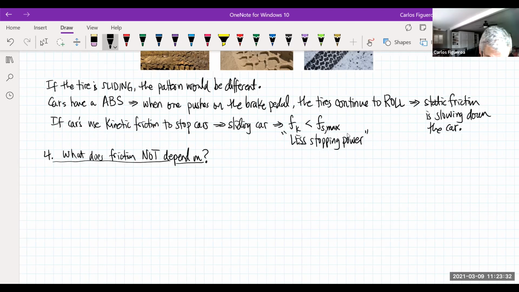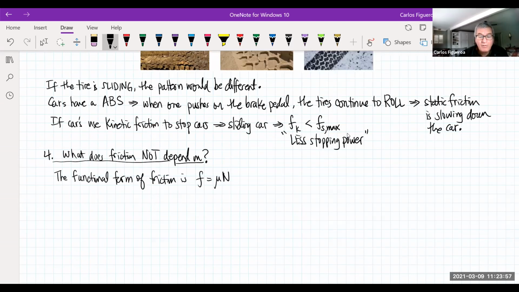Well, one, we know that the functional form is that friction is mu times the normal. That's what the functional form of friction is.